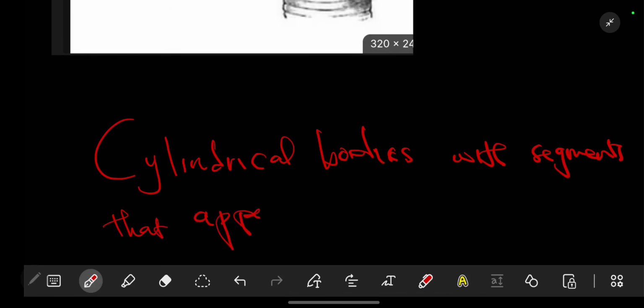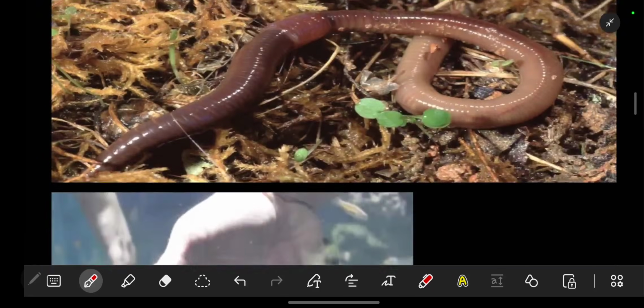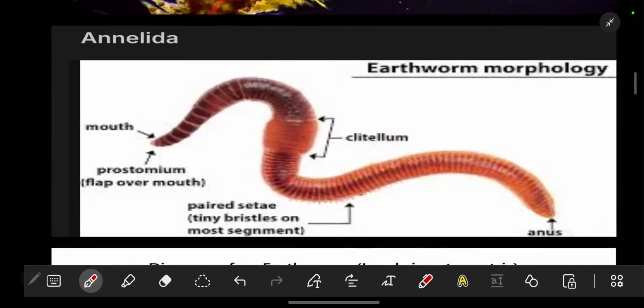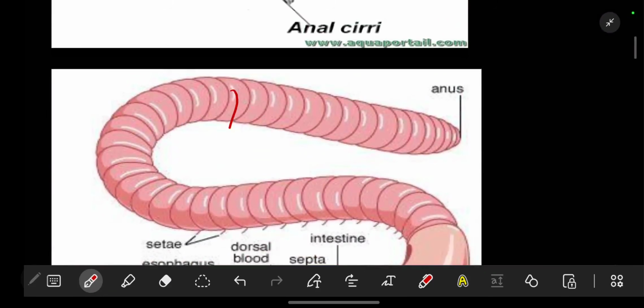So you can see that those segments appear like rings. Just as I have shown you in the diagram, they will appear like rings like that.